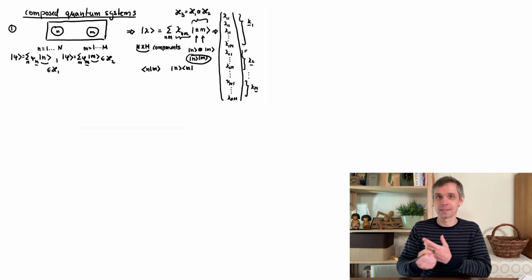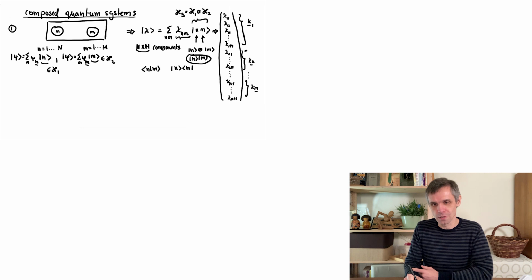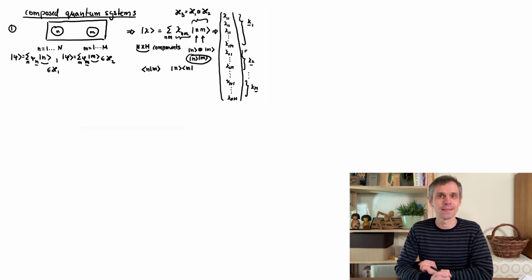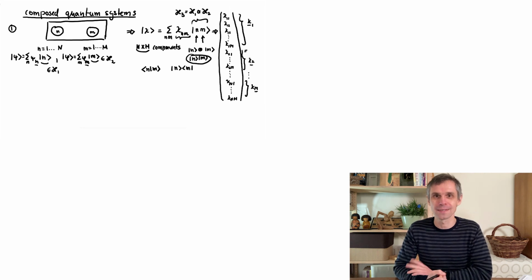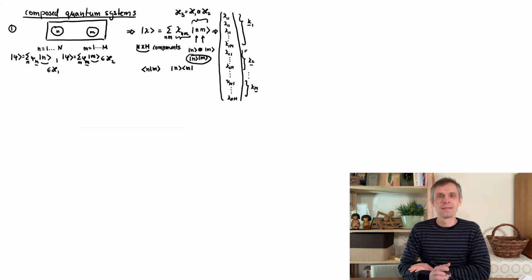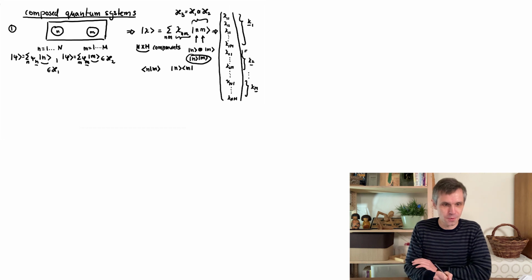But in our context, this will always be very simple, because we can interpret this, as I said, as representations of numbers, and we are just enumerating all the possible states of these composed systems. Now, with this, we can of course also introduce a dual state.